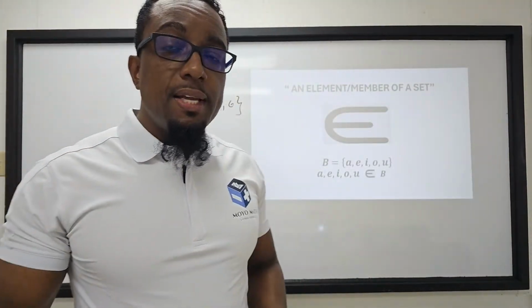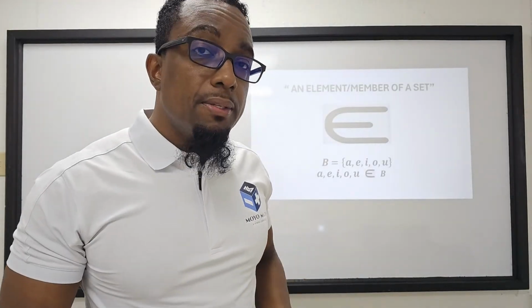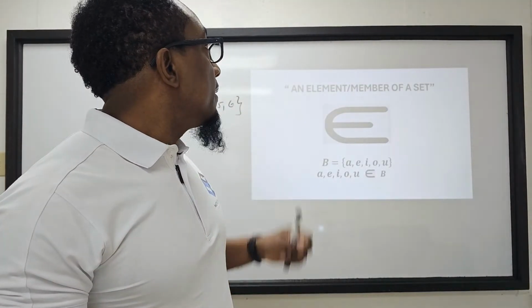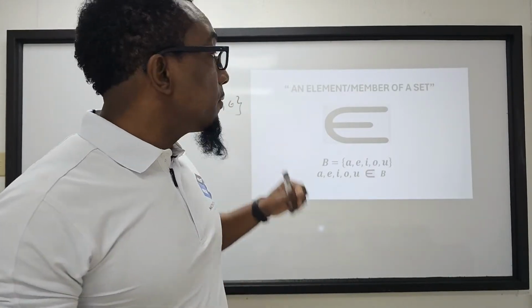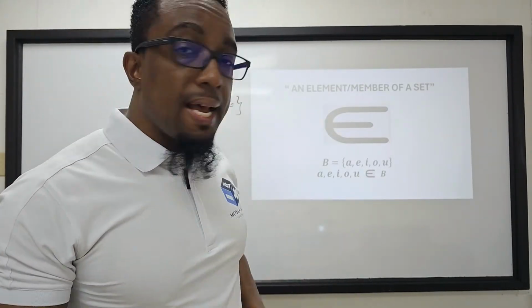So again, with sets, we need to understand the symbols and notations. And we have an element or member of a set. So an element or member of a set is represented by that symbol.